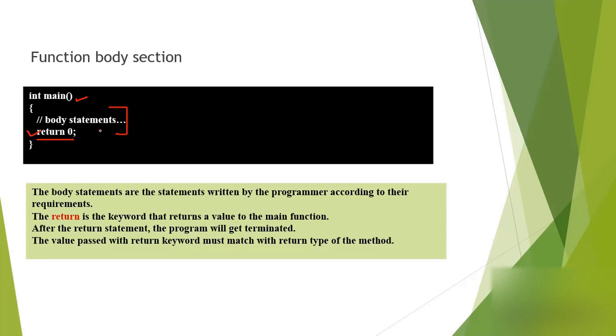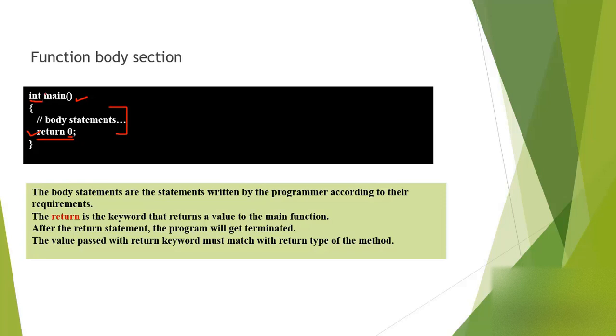So what is the significance of the return statement? The return statement is basically used to terminate the execution. It either returns the control to the operating system or to the calling function, and the value which we are passing with the return statement should match the return type of the function.